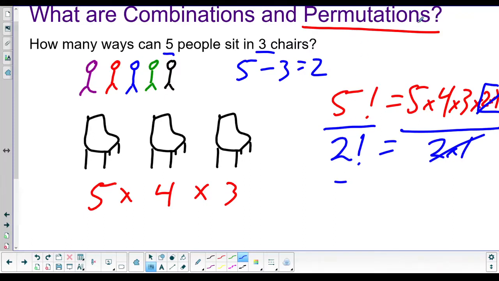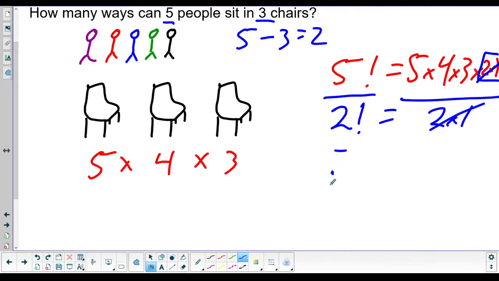So the equation for permutations is n factorial divided by n minus, let's call it r, the number of places, factorial. Cool? So that's permutations.